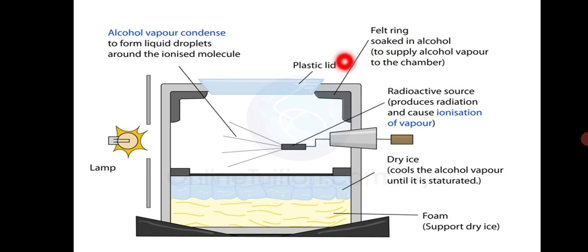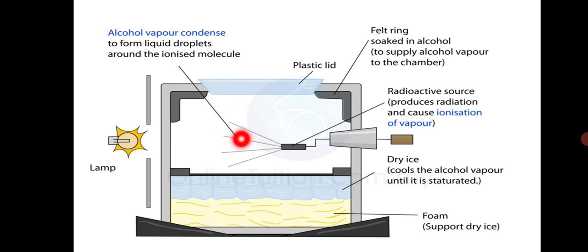Then there's a felt ring which is soaked in alcohol to supply alcohol vapor to the chamber. And then we have alcohol vapor being condensed to form liquid droplets around the ionized molecules. So these are the tracks that we are talking about.